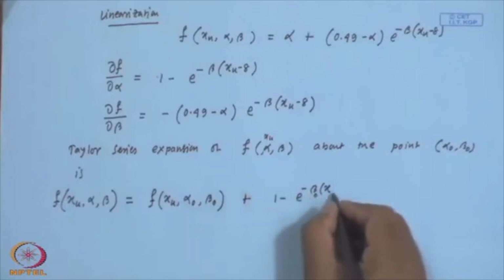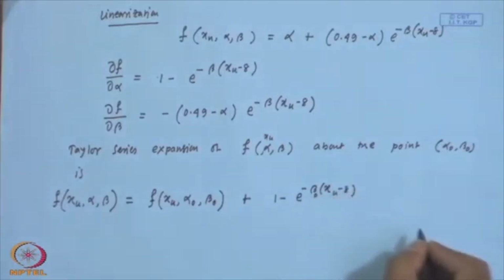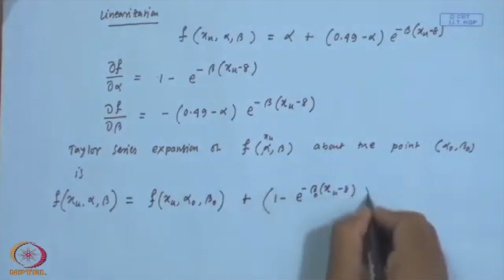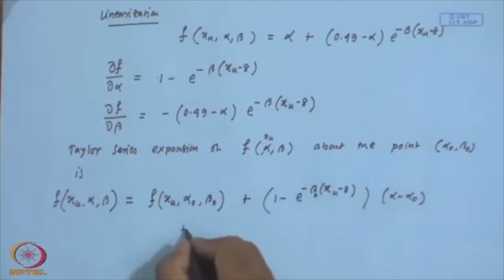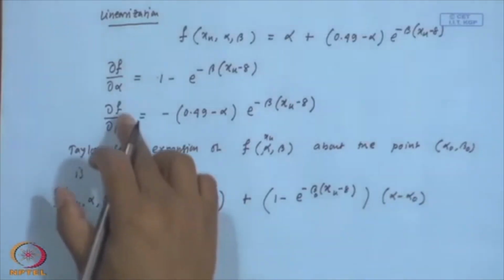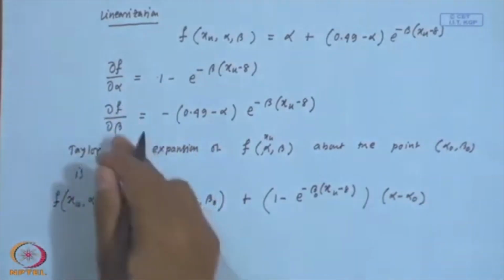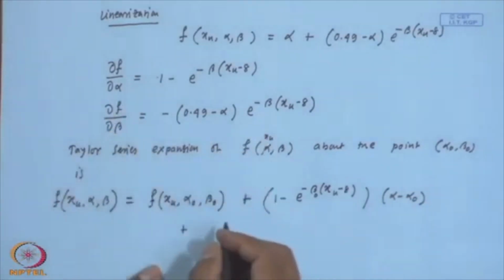x_u minus 8, into alpha minus alpha naught, plus the derivative of this function with respect to beta at the point alpha naught, beta naught.